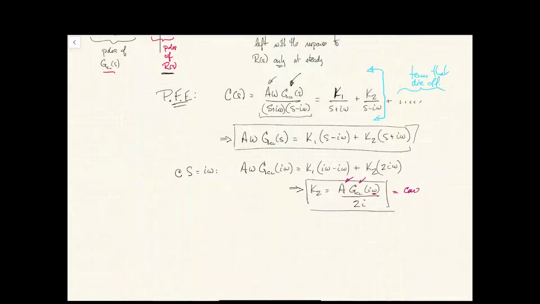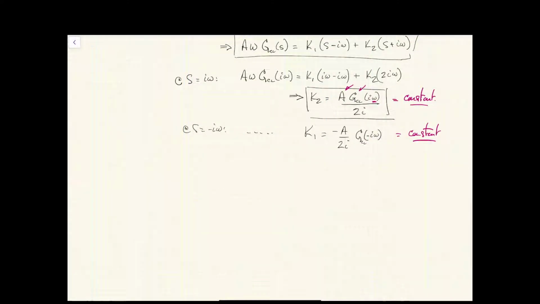So this whole thing is a constant. Similarly, doing the same thing at s equals minus I omega, you're going to find that K1 is equal to minus A over 2I times G closed loop at minus I omega. Again, a constant, same reason.